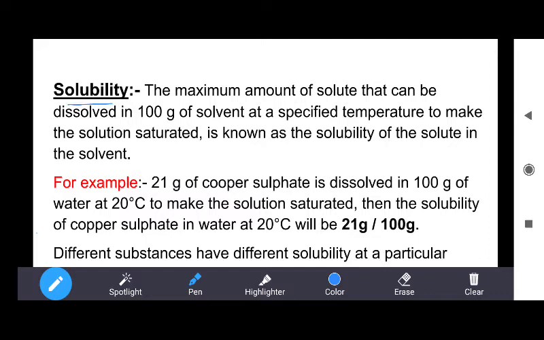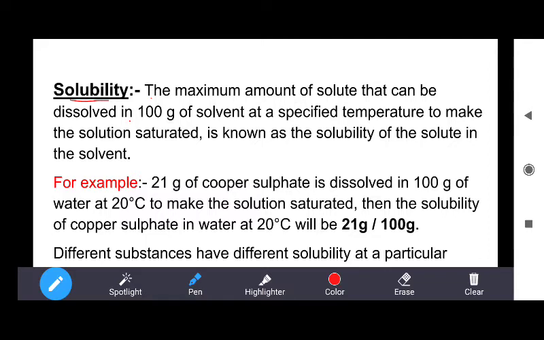Now, what is solubility? How can you determine solubility? When you prepare a saturated solution, saturated solutions are those solutions in which no more solute can dissolve at a particular temperature. So when a saturated solution is prepared, the maximum amount of solute that can be dissolved in a particular amount of solvent is known as the solubility of that substance.